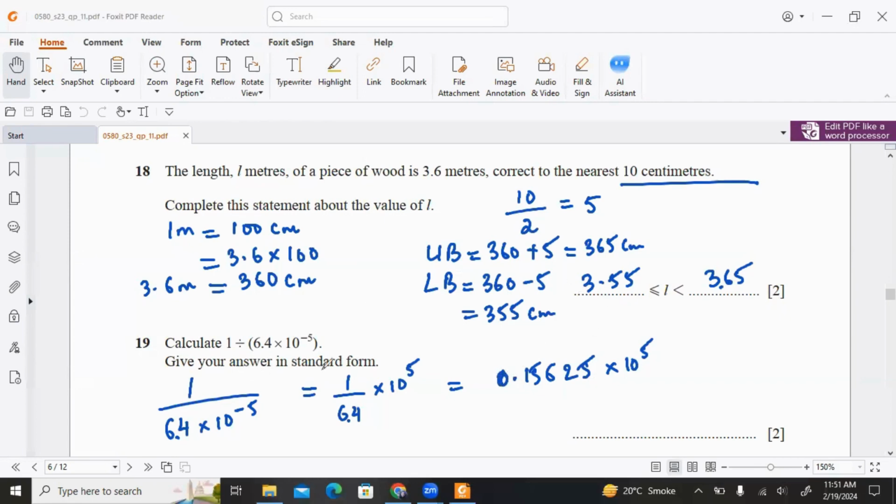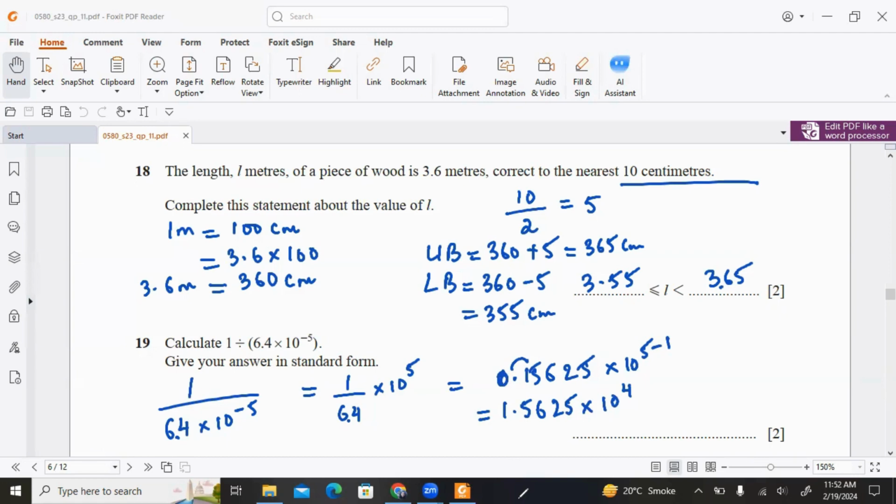Since it's asking us to give it in standard form, the decimal has to move towards the right side. If we move the decimal one place to the right, we adjust the power as well. So it's going to be 1.5625 times 10 to the power of 4.